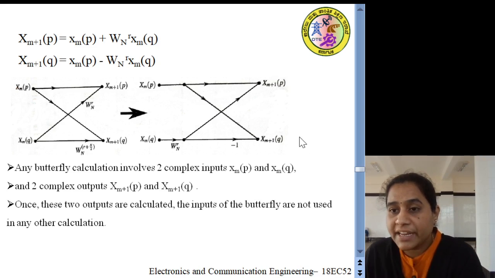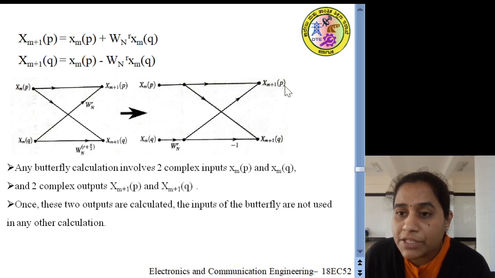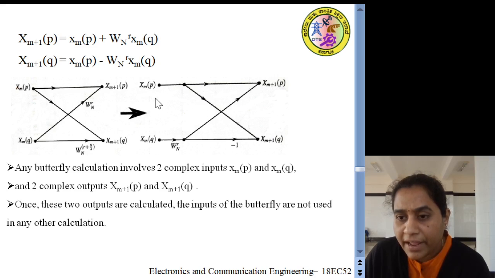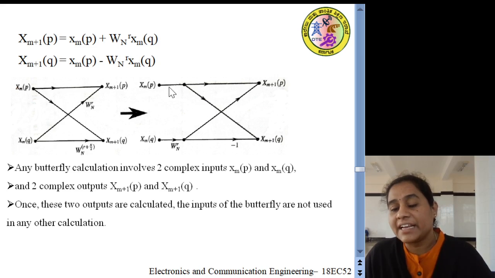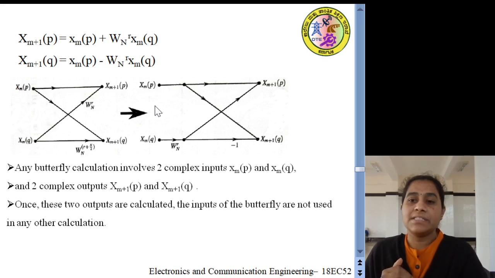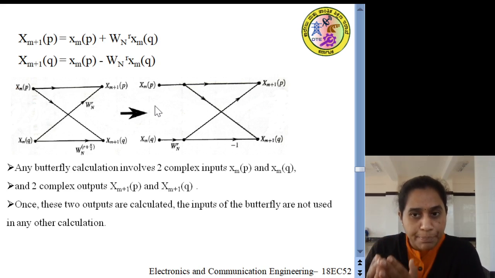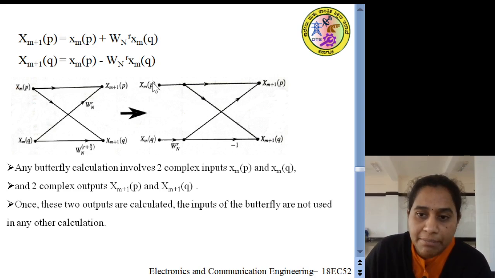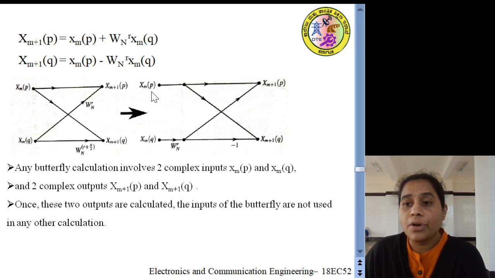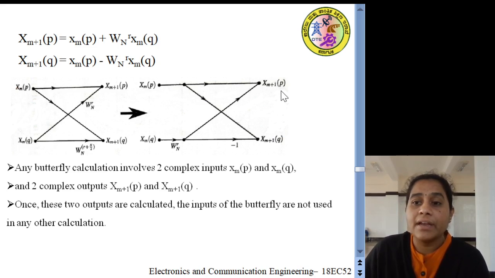Once these outputs, xm plus 1 of p and xm plus 1 of q, are calculated, the inputs xm of p and xm of q of the butterfly are not used in any other calculation. So further we will not require these values. Whatever storage space we used for xm of p and xm of q before can be used to store xm plus 1 of p and xm plus 1 of q.